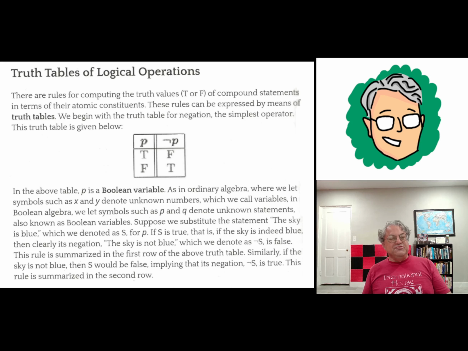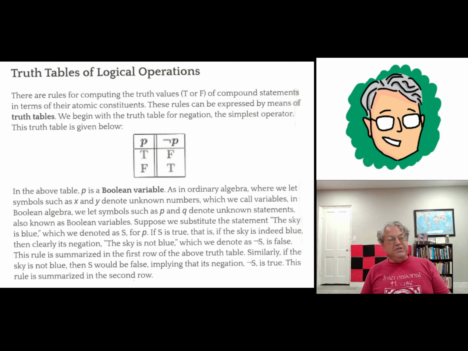That's more commonly used in computer science, because computers use binary numbers, and 0 stands for false, 1 stands for true. But here I'm using true and false because it's a little more like English and a little easier to follow. I'm going to give some examples of some logical arguments. I just think it's a little easier to work with T and F.